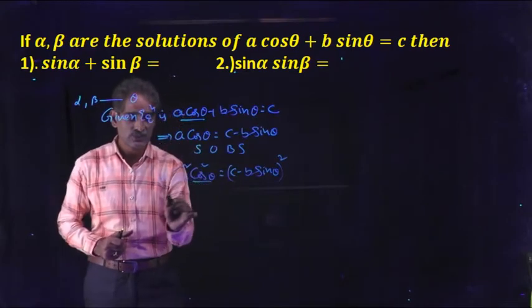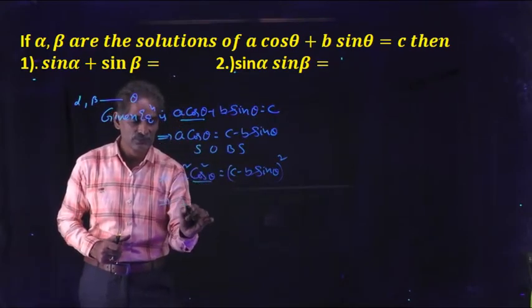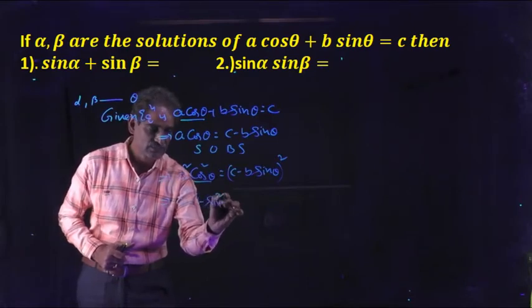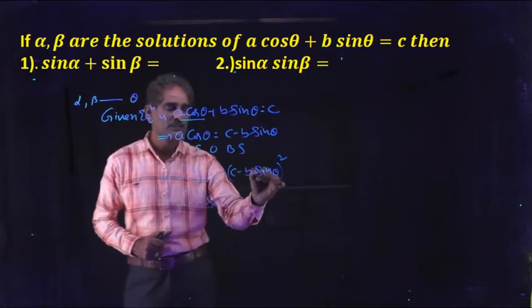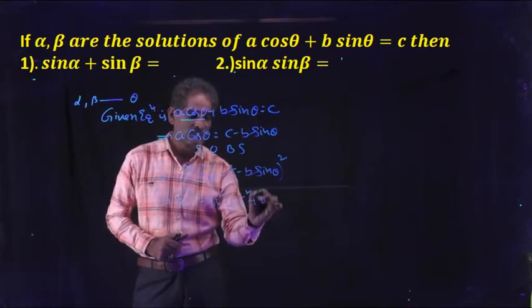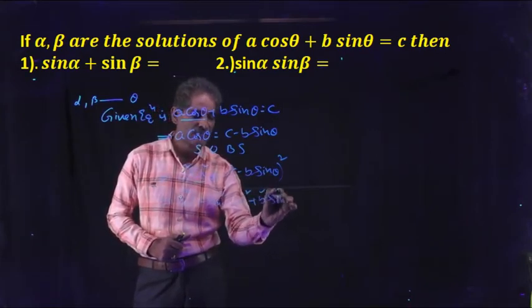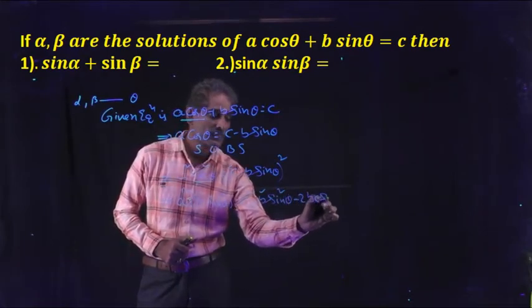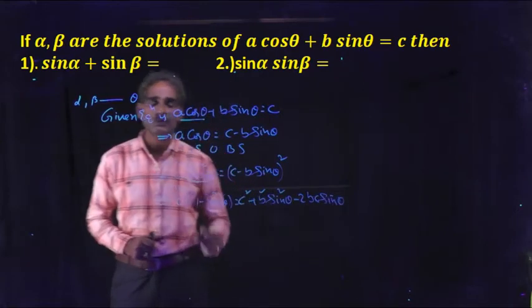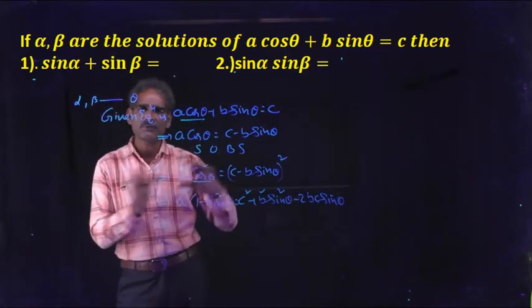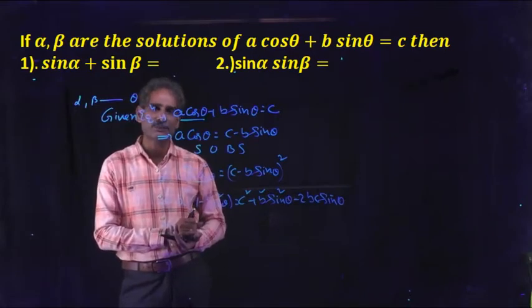So change this cos function. Here we can write 1 minus sin square. It is in the form of (a minus b) whole square, so we can write a square plus b square minus 2ab.